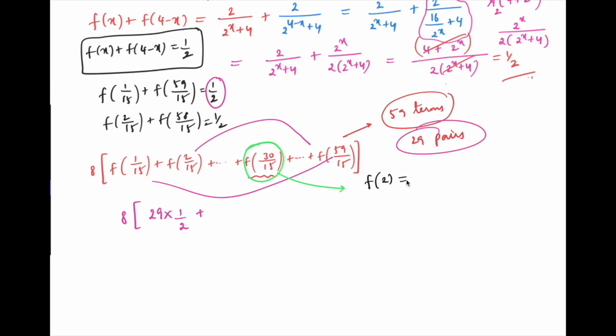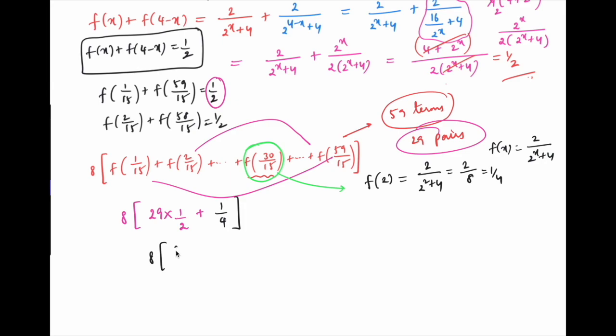F of 2 we can write, since f of x is equal to 2 divided by 2 power x plus 4. So 2 divided by 2 power 2 plus 4, that is 2 upon 4 plus 4, 8, which is equal to 1 upon 4. So 1 upon 4 is the value.